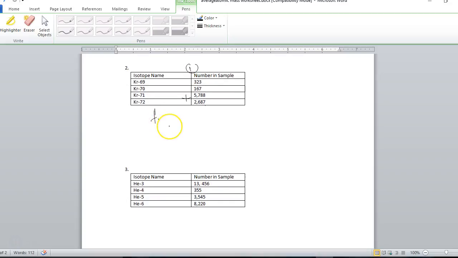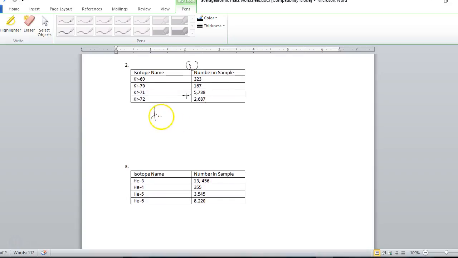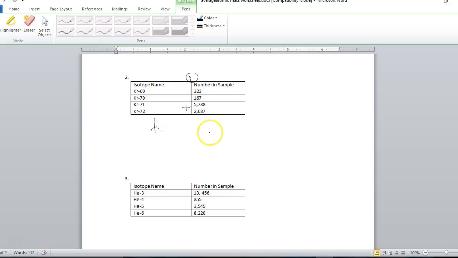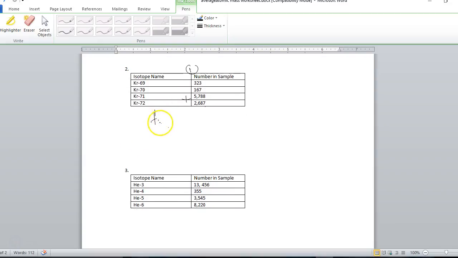Okay, so add up the total here. So 323 plus 167 plus 5,788 plus 2,687.